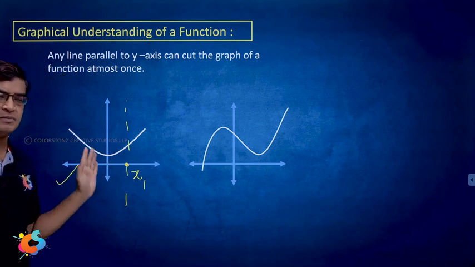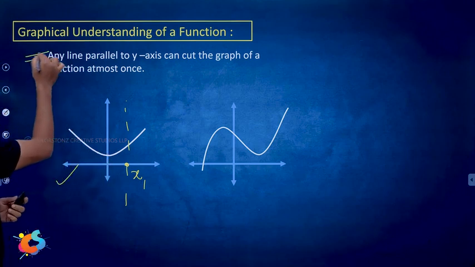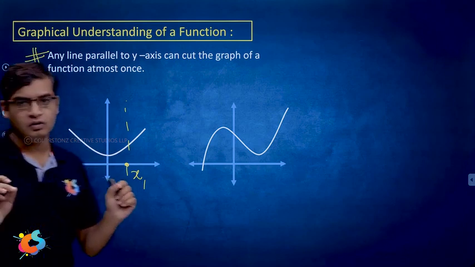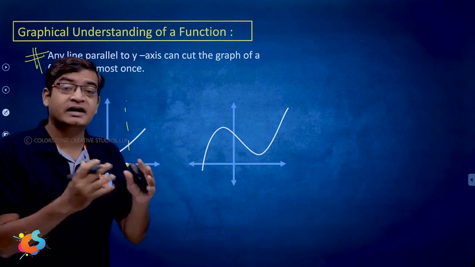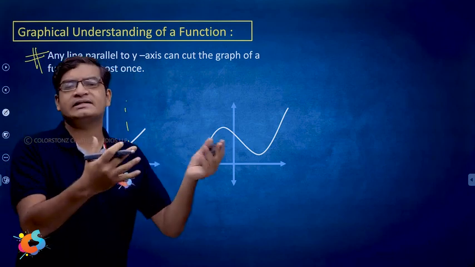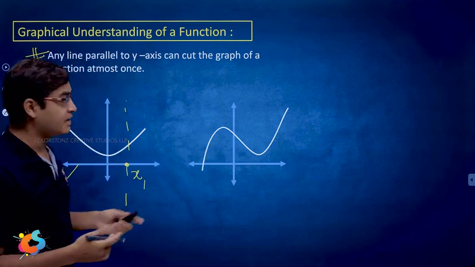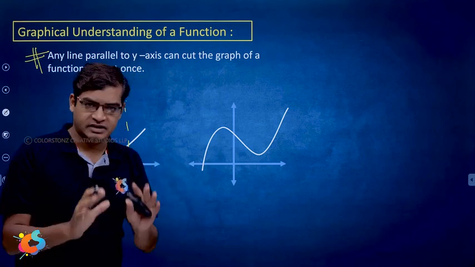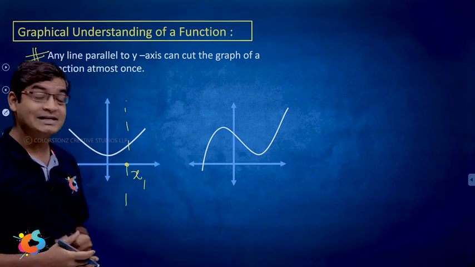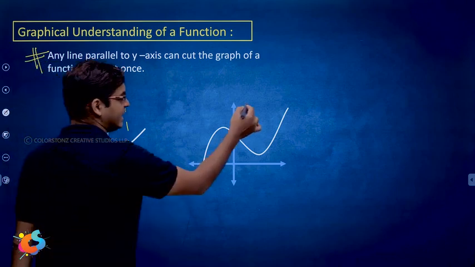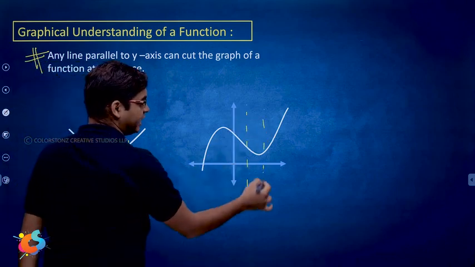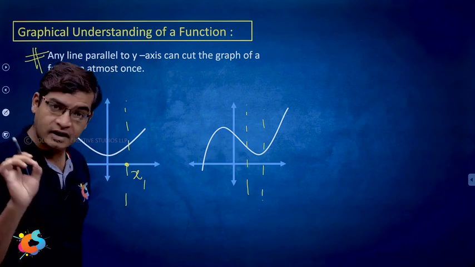Just before, we have done the same thing. That is what we are writing as a rule. Okay. This is what you should be checking to see if the graph is the graph of a function or it is something else. Something else means it is not a function. That's all. Okay. So here, is this the graph of a function? Yes. Because you take any line parallel to the y-axis, it will never cut the graph more than once.